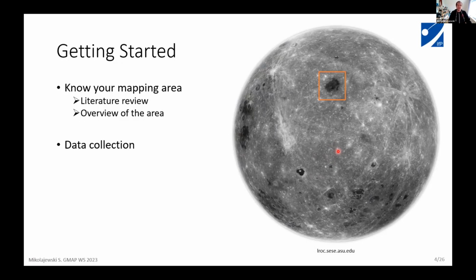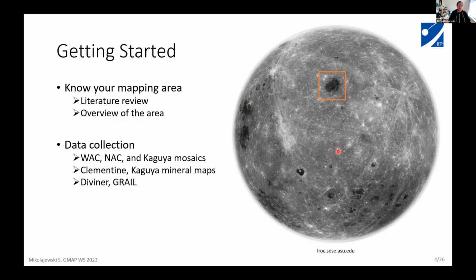Like I work with WAC, NAC, and Kaguya mosaics for image and albedo differences. If I want to characterize minerals, I mainly use Clementine and Kaguya mineral maps. And as I mentioned before, I also use additional data sets like Diviner and GRAIL. GRAIL, for example, is gravity data, so that you can identify objects hidden under the subsurface.